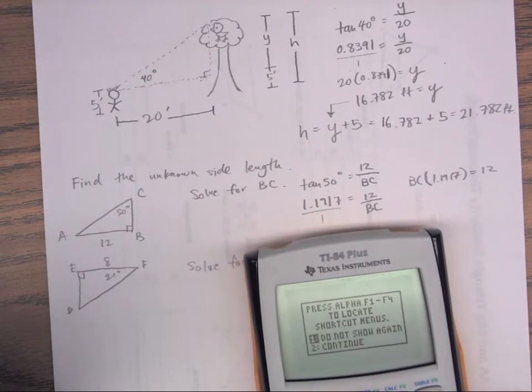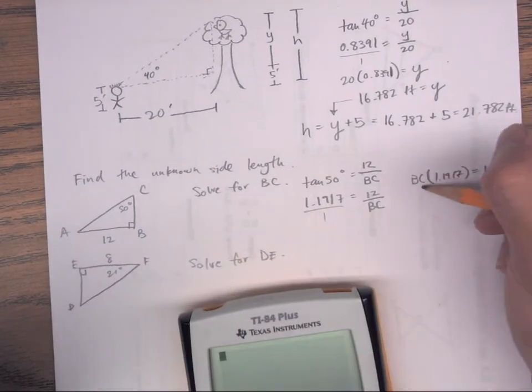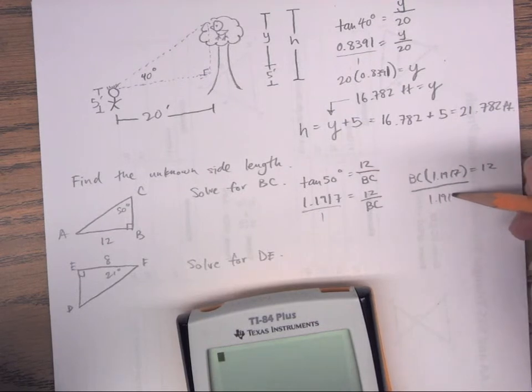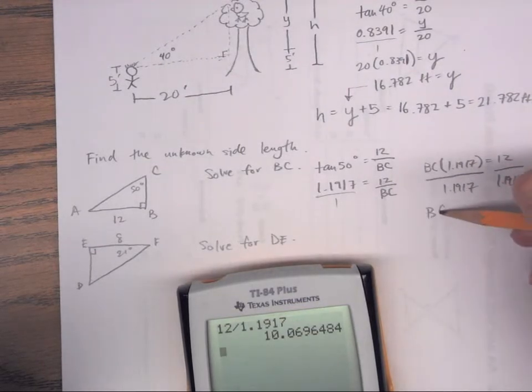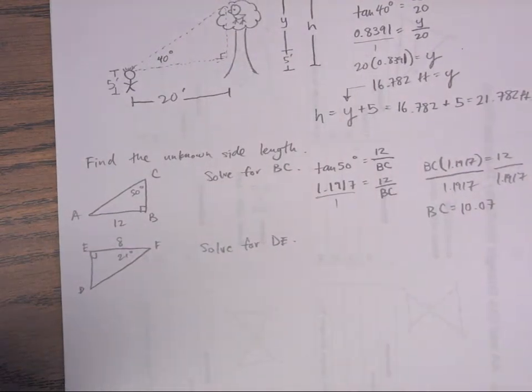So here, what I want to do is if I want to solve for BC, divide this through. So this is going to be 12 divided by 1.1917. So that means the length BC is going to be about 10.07 units long.